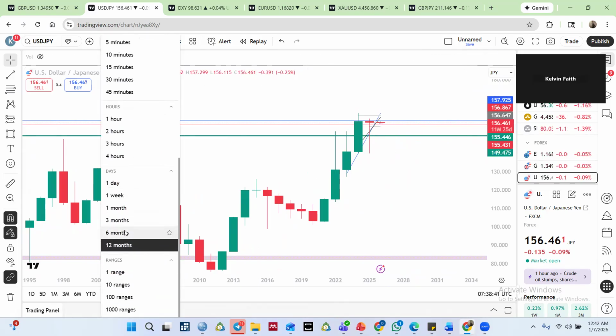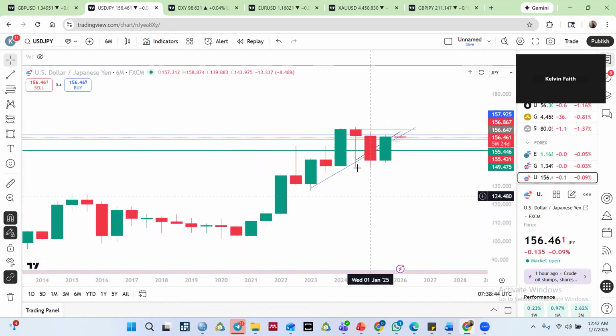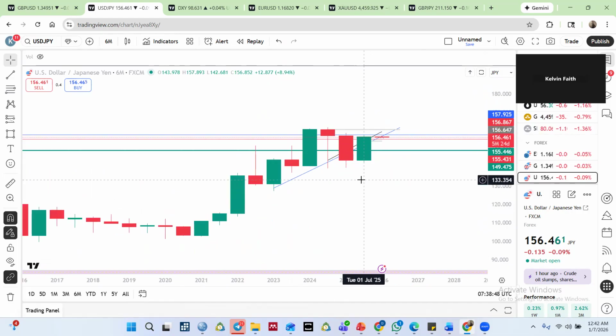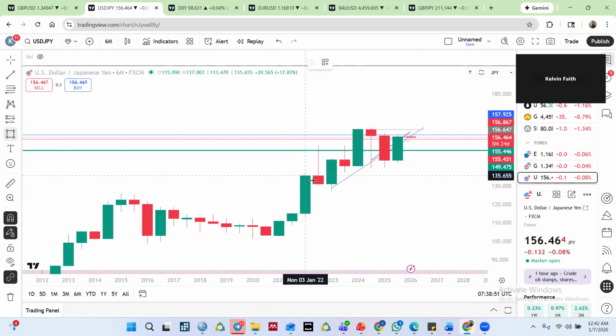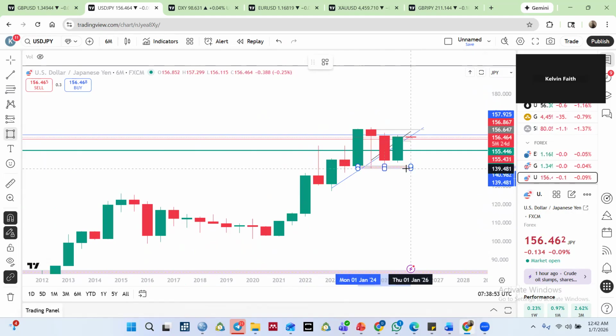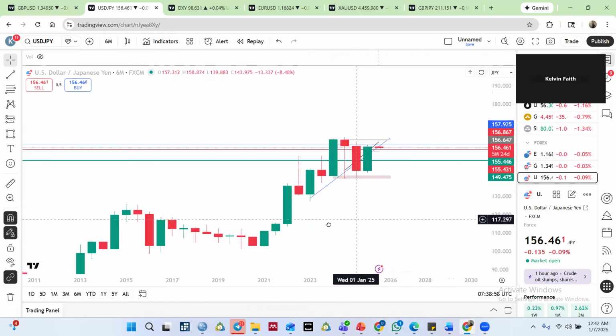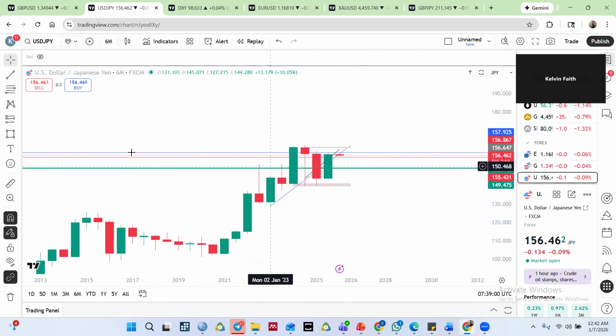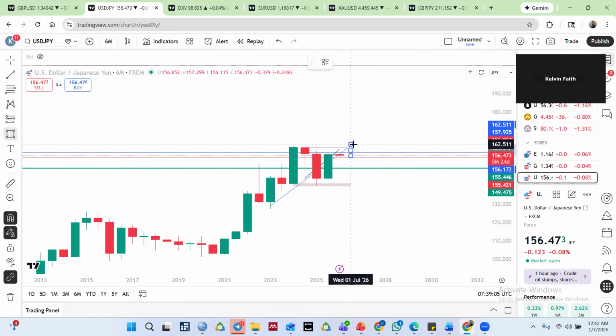If we look at the 6 months time frame, we can see that there is a morning star: a bullish candle, doji, and then another bullish candle. The morning star did not engulf the last bullish candle, which means that there is a higher chance for the market to make a push to the upside here, crash this area, and maybe get a rejection before also dropping down.